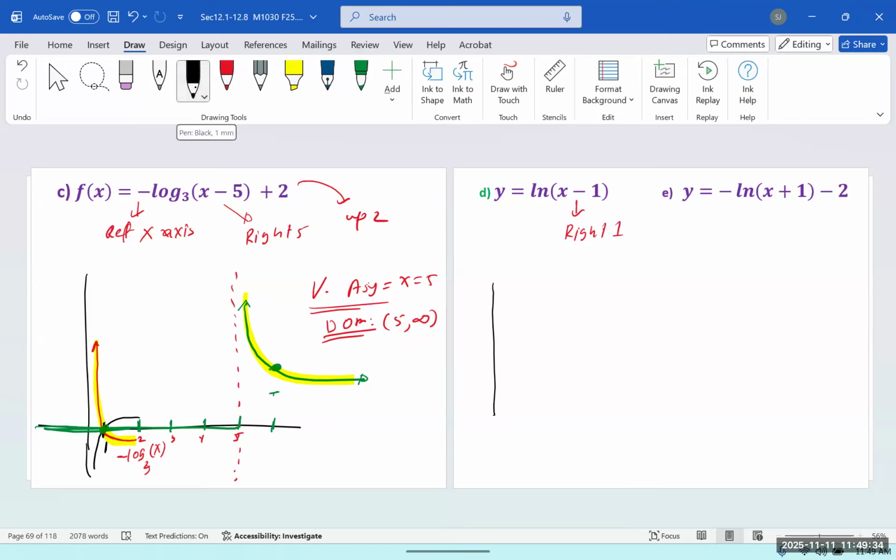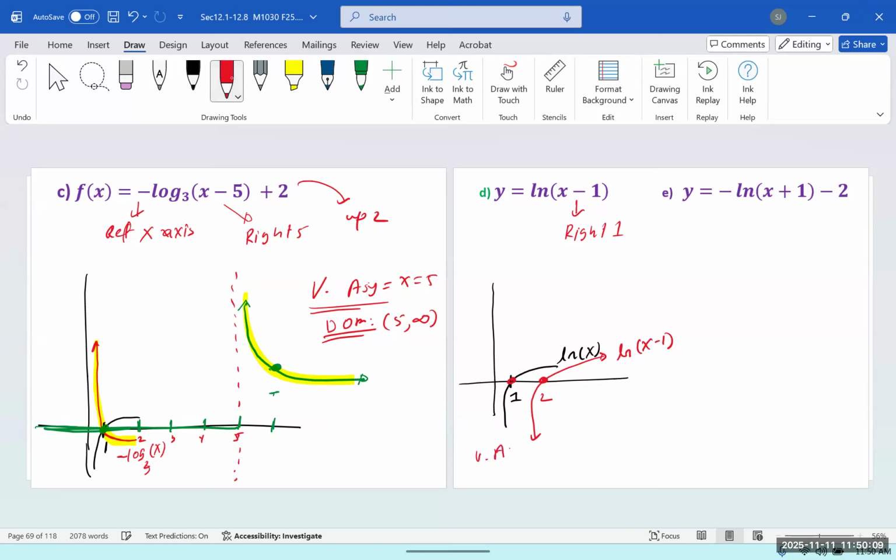So in the next quiz, you're going to draw one log and one exponential transformation. The normal graph without any transformation, ln of x, goes through the x value 1. You're taking your x-intercept from 1 to the next number, which is 2, and you're drawing the same graph again. Ln of x minus 1.